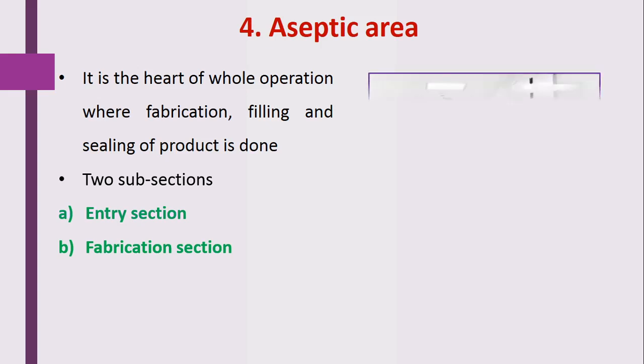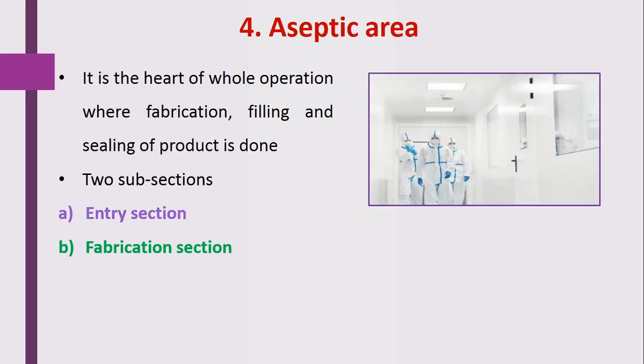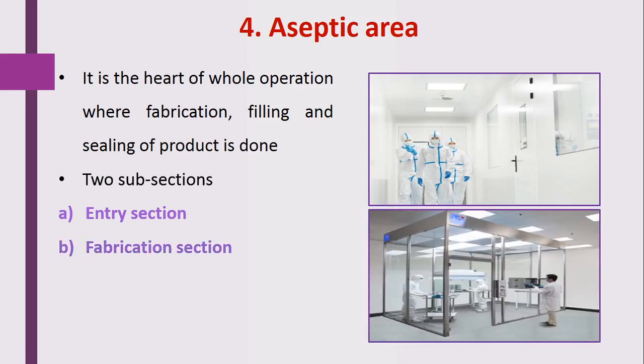Here you can see in this picture the entry section area. At the time of entry of the personnel, a 3 airlock system is provided. That 3 airlock system is on different objectives. Also here is the fabrication section, where the product is fabricated.